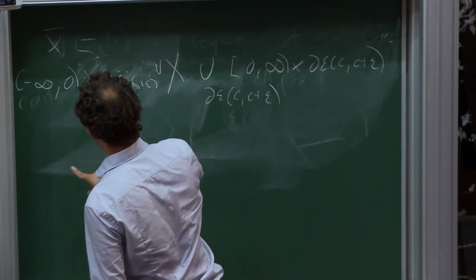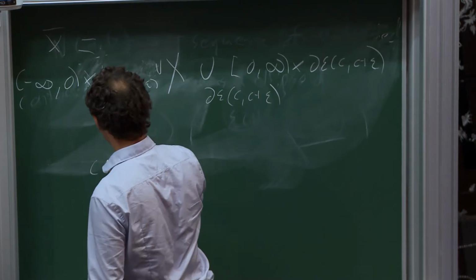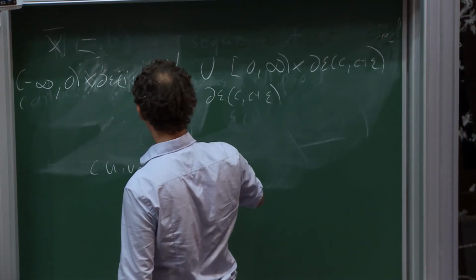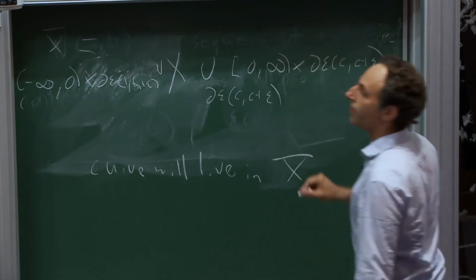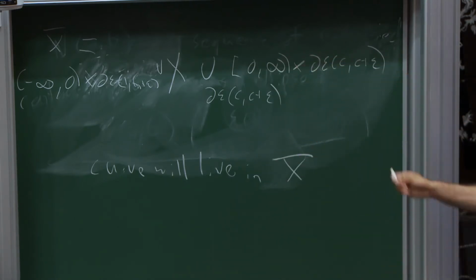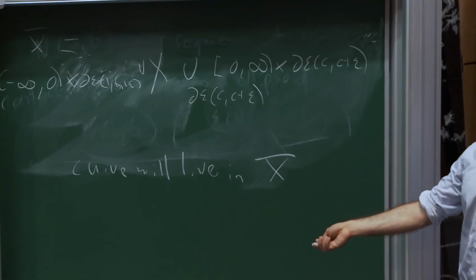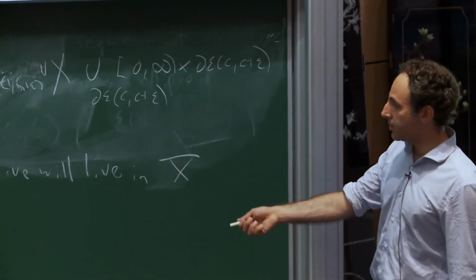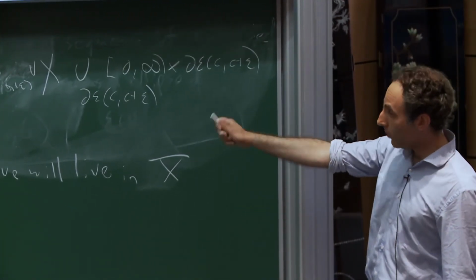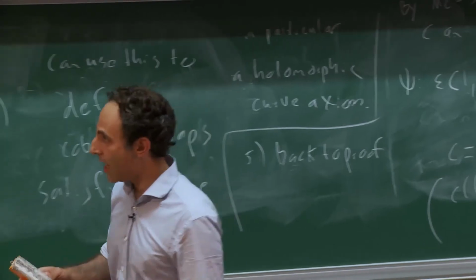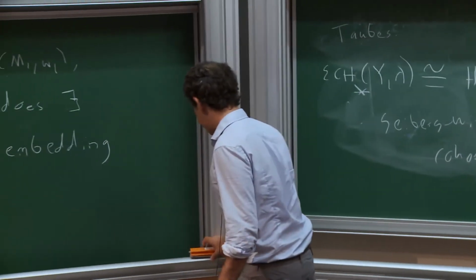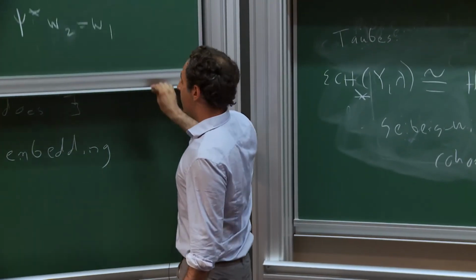In a moment, I'll draw the curve for you, but let me answer Vivek's question and tell you a little bit about what the holomorphic curve axiom says here. Anyways, I've produced this cobordism X, and I'm attaching it to get a cobordism X bar.